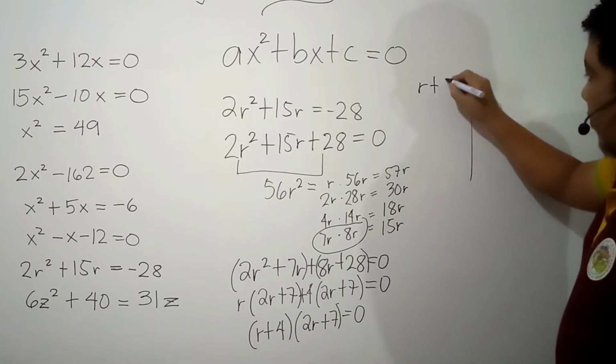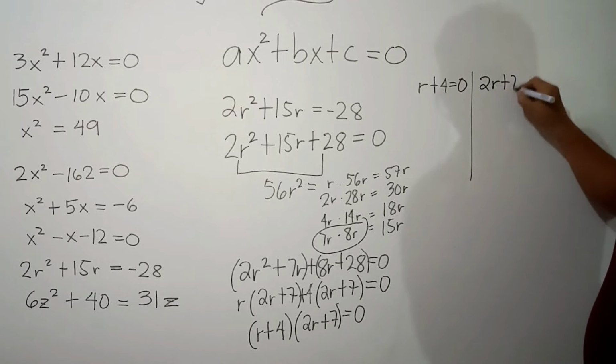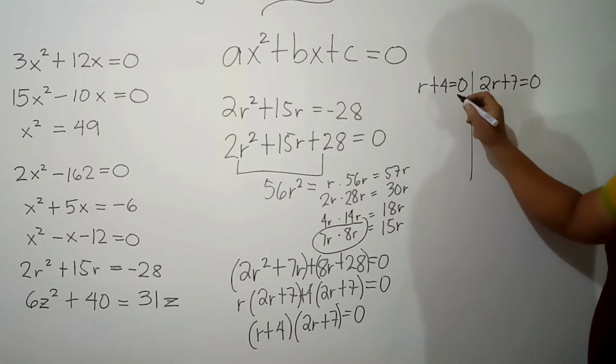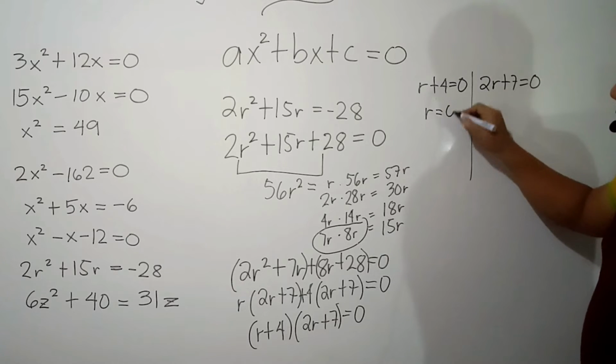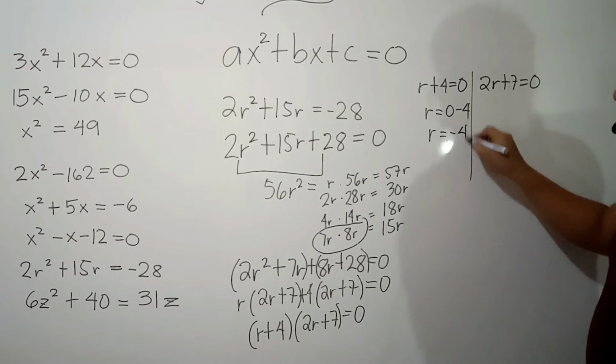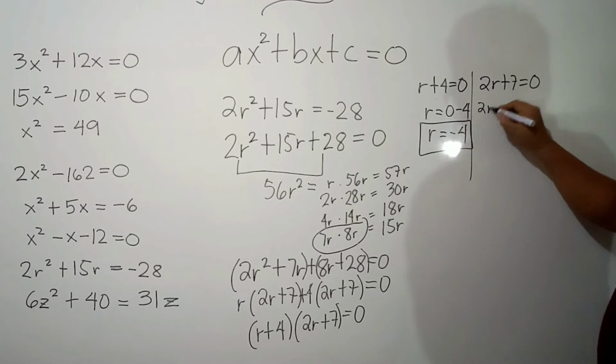We have r plus 4 is equal to 0. We have 2r plus 7 is equal to 0. Transposing plus 4, we have r is equal to 0 minus 4, giving us a final answer of negative 4. In this scenario, we have 2r.